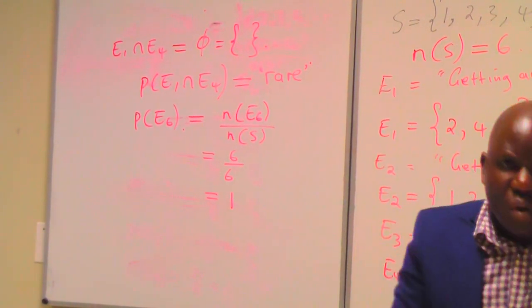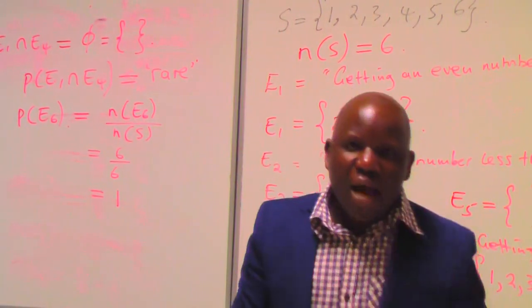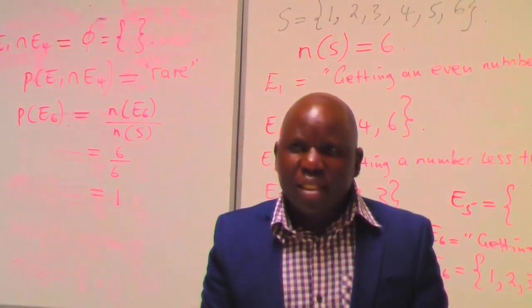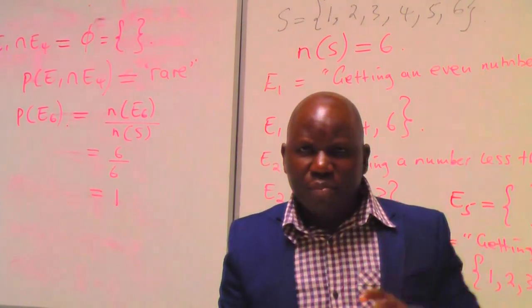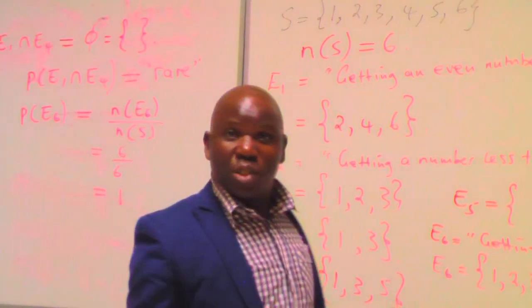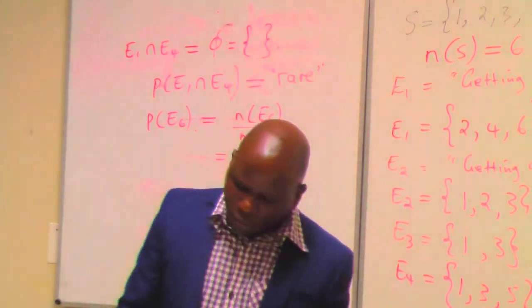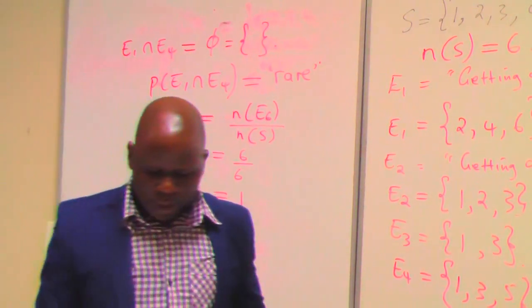In that box, all numbers found inside are numbered from 1 up to 6. The probability that whatever you have picked from that box will always be a number from 1 to 6 is 1. It becomes a sure event. That is how practical probability is.